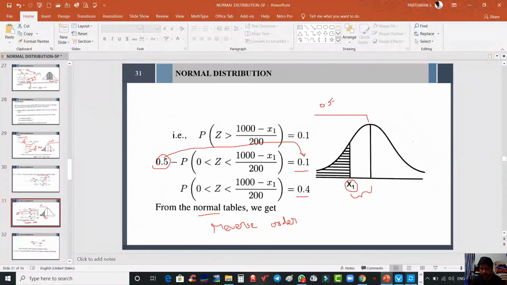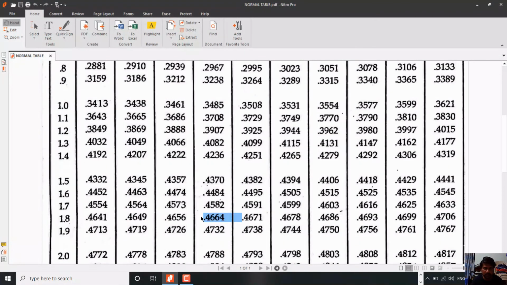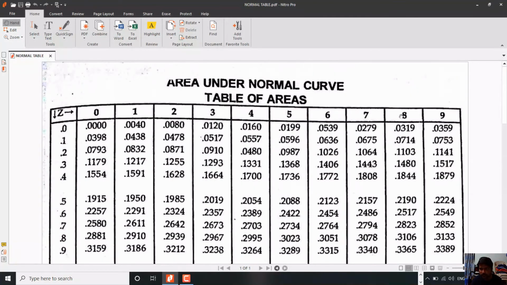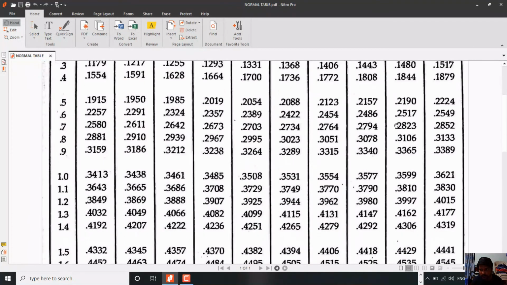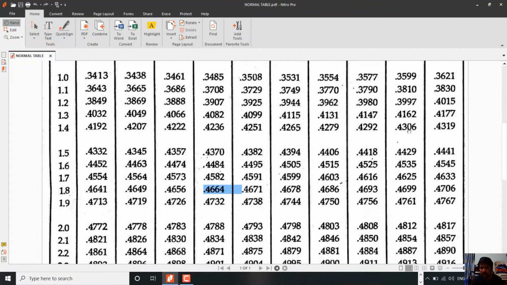Simply see where 0.4 occurs in the table. We are given the area, for which we have to calculate the ordinate.